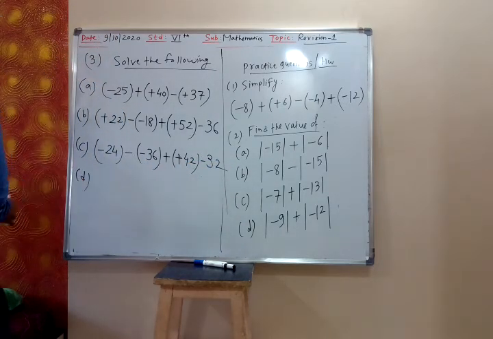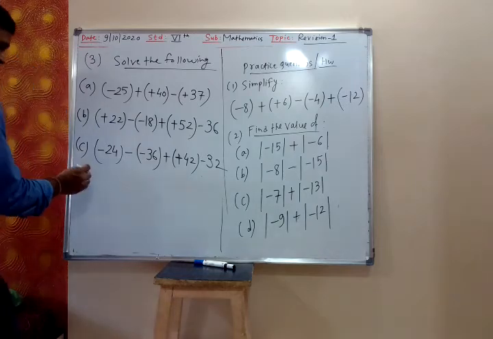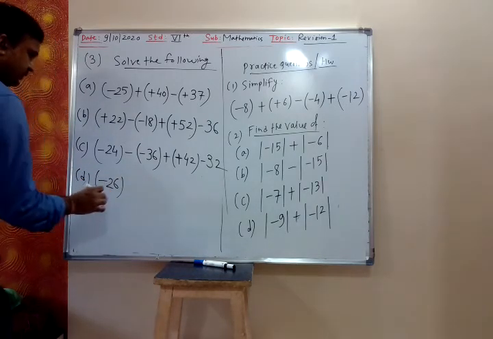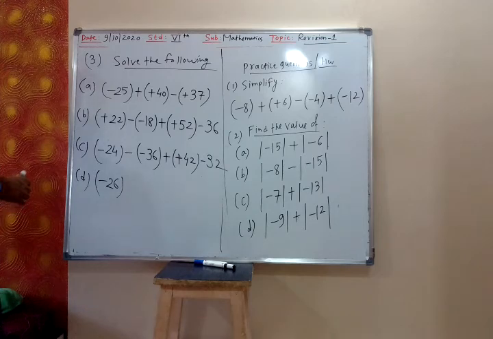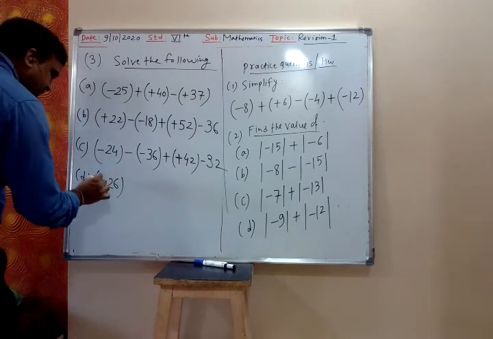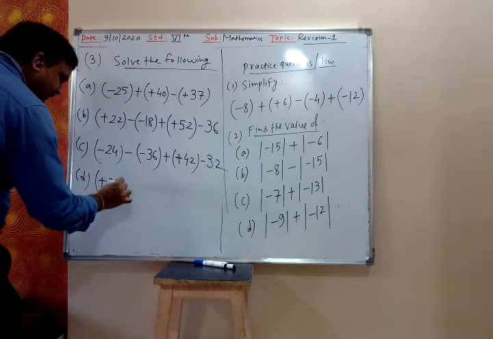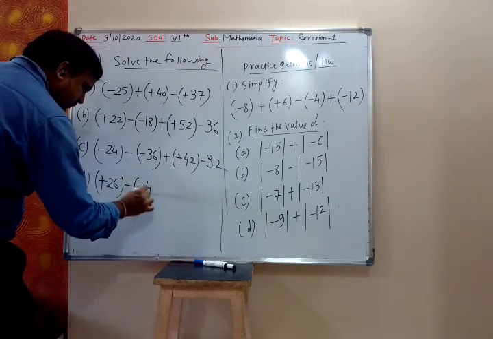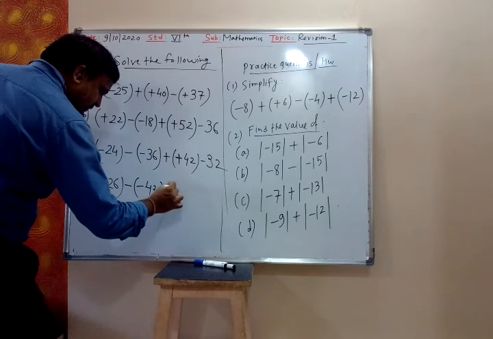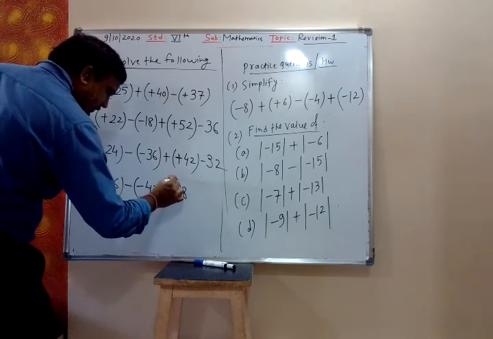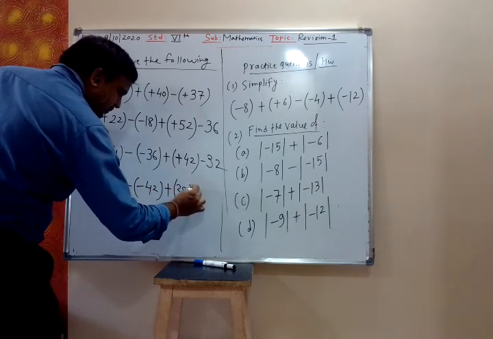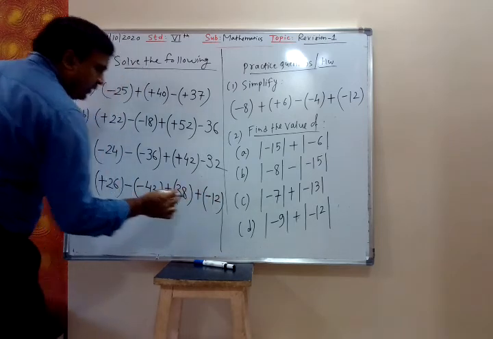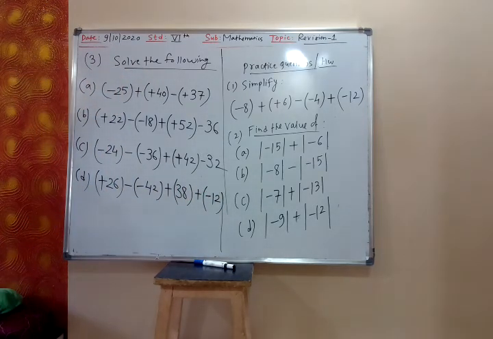D, minus 26 plus 22 minus 26, okay, take plus 26 minus 42 plus 38 plus minus 12. You have to solve this and send it to me on WhatsApp.